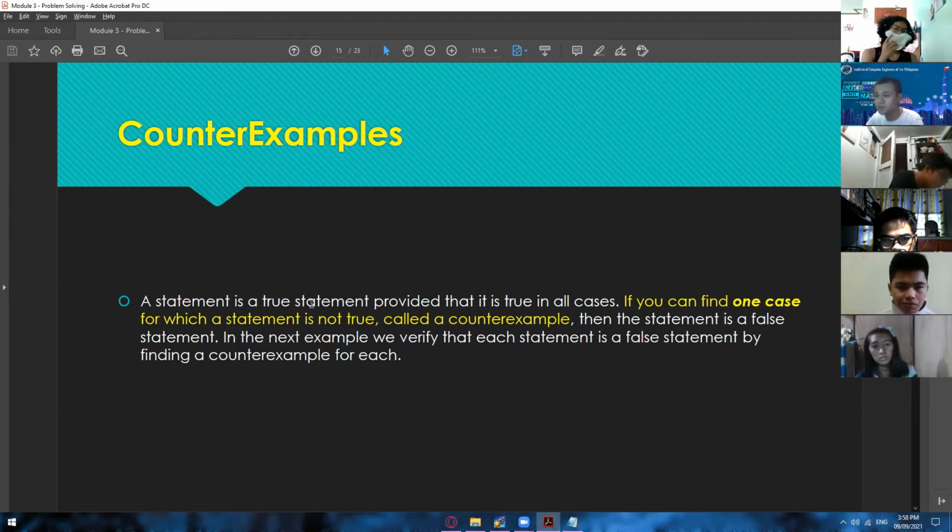A statement is a true statement provided that it is true in all cases. But if you can find one case for which a statement is not true, it is called a counterexample, and the statement is a false statement. In the next example, we verify that each statement is a false statement by finding a counterexample for each.